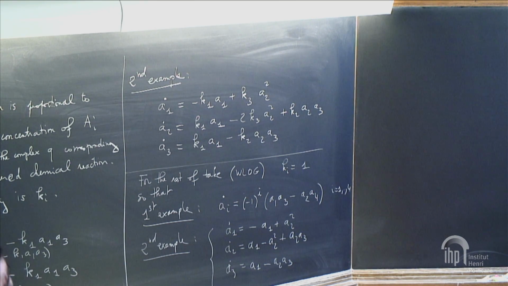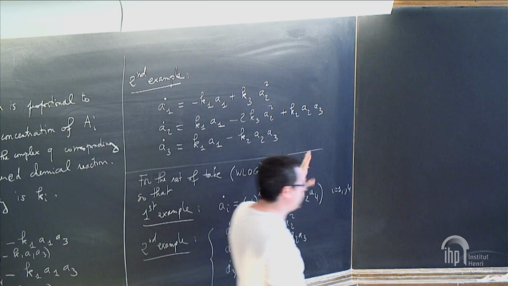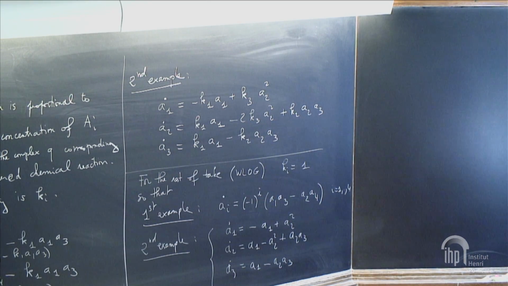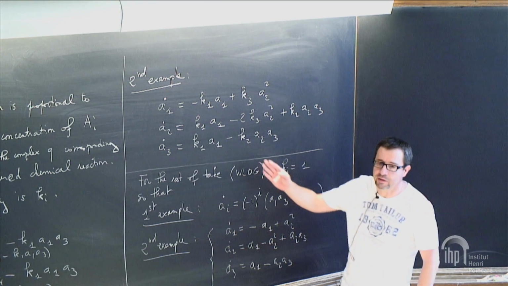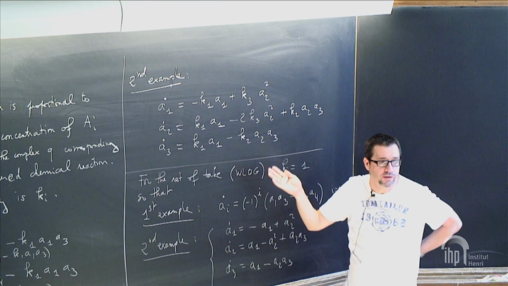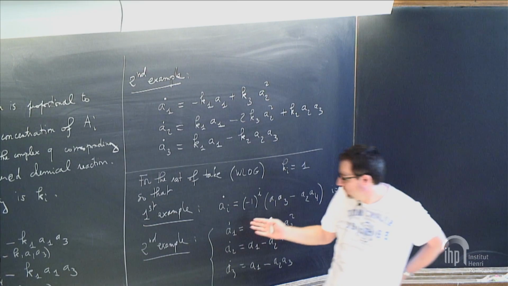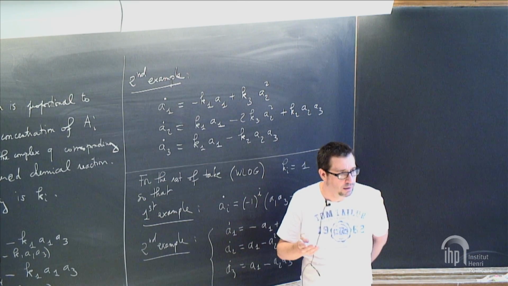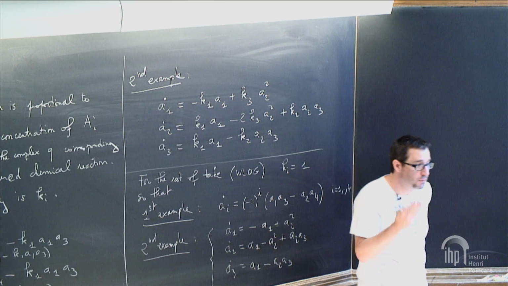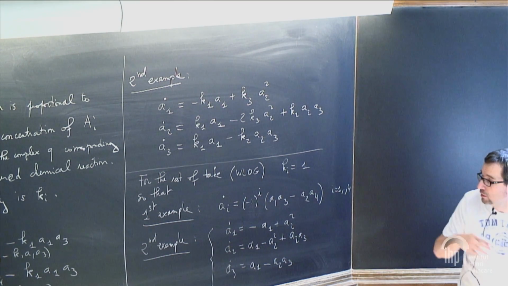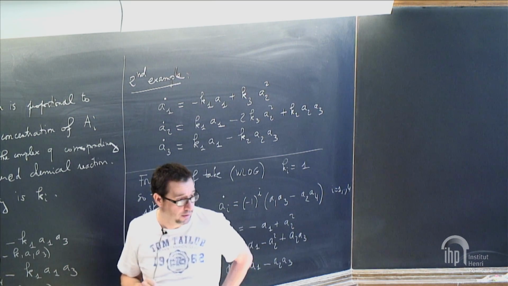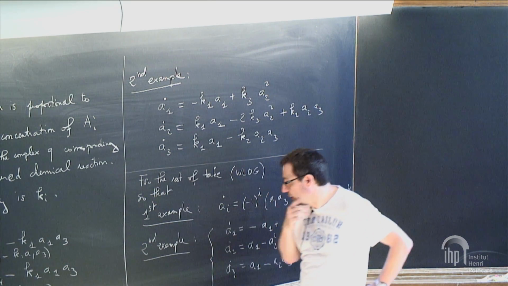Okay, and let me end this presentation part of the talk by saying that there are conserved quantities related to those systems, and each system has its set of conserved quantities, and the number of conserved quantities can be different, so it can go from 0 to the number of species of the set.